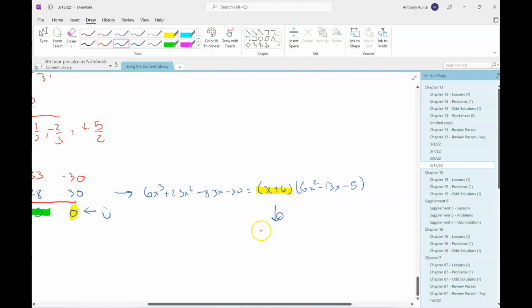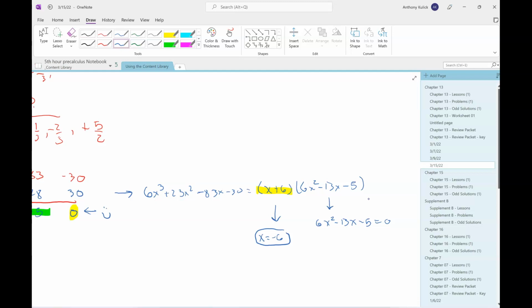So I know one of my zeros is here at negative 6. Another of my zeros can come from this piece, which if I set equal to 0, I can now solve. Why can I solve this piece directly when it's set equal to 0 like this?